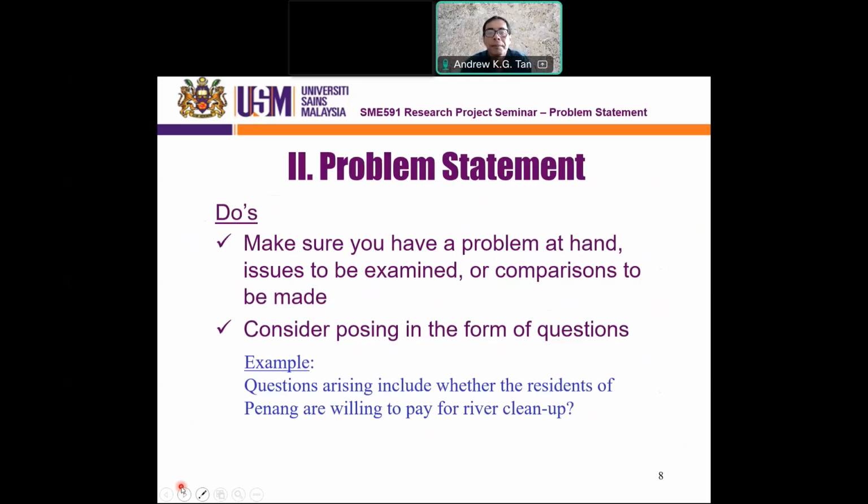So if this question is not addressed, what are the problems that will arise? We do not know who are the residents who are willing to pay for river cleanup. Why is it an important issue to be examined? Okay, so do consider posing the problem statement in the form of questions.